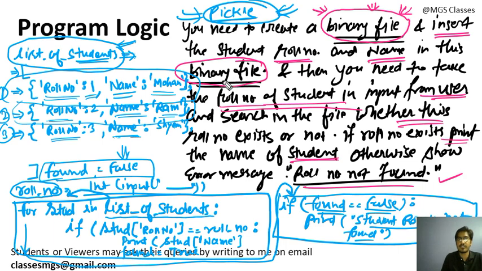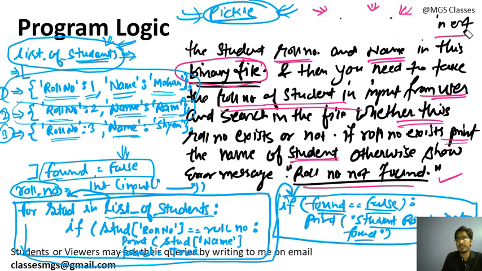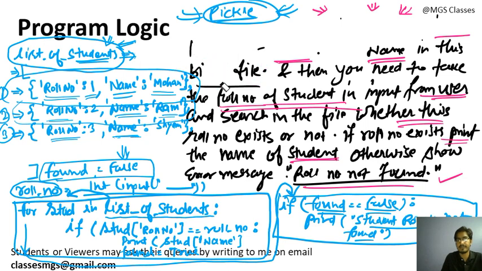So let me rough out this concept, and let me show you how to create this list of dictionaries by taking the roll number and student name from the user and preparing this dictionary. I have already shown you how to iterate this dictionary. Let me rough out this portion so that I can show you here also. So you have understood what the actual problem is.